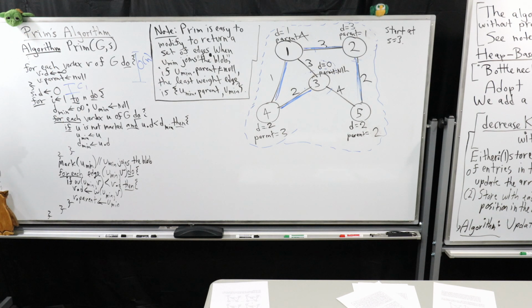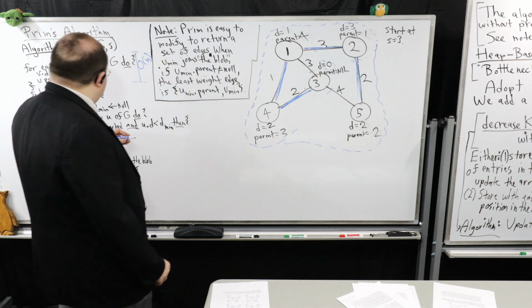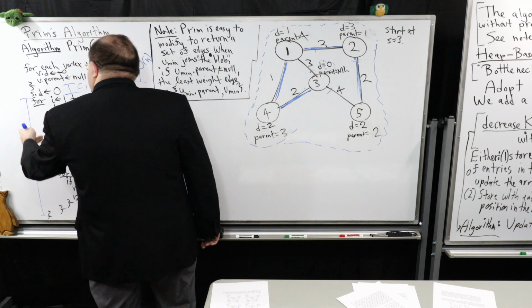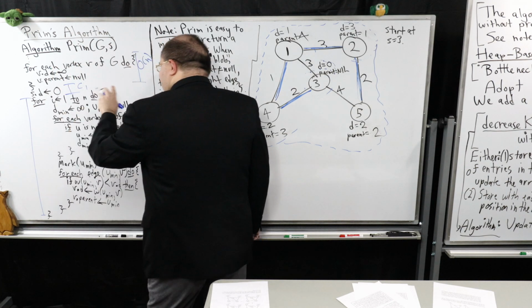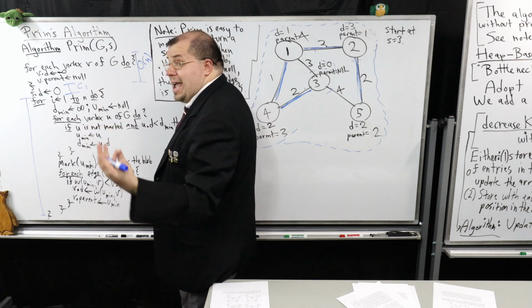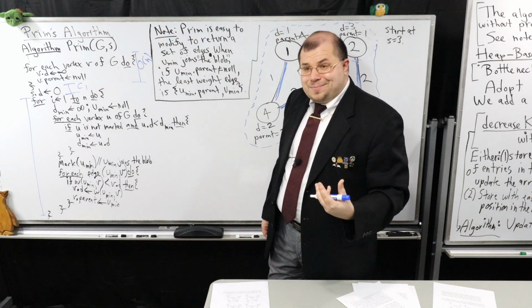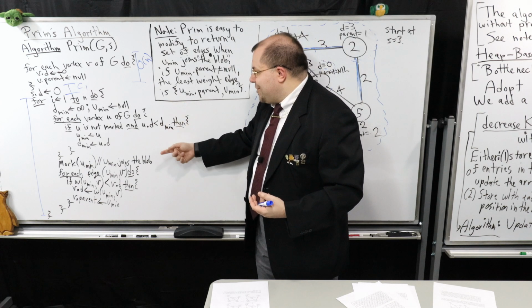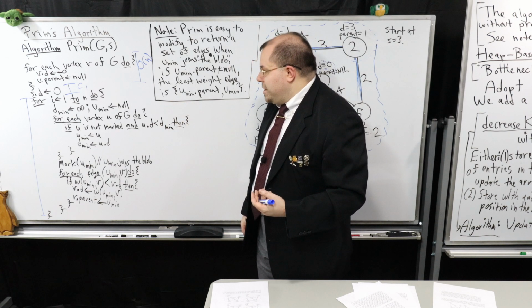So the first thing you know right away is that this outermost loop performs n iterations, right? So whatever's going on in here, the total number of operations gets multiplied by n. We know that. So, this loop right here: for each vertex u of G, we do stuff.